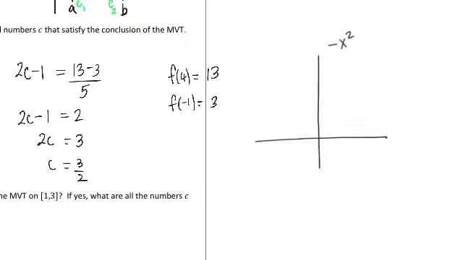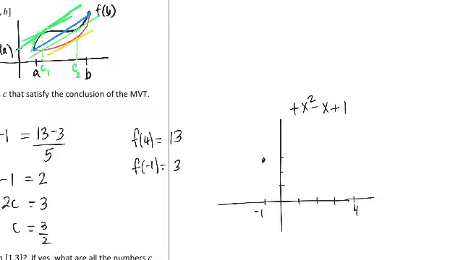You could even figure this out without a calculator probably. x squared minus x plus 1 from negative 1 to 4. The graph is a parabola. And you can see that we figured out that at x equals negative 1, my y value is 3. And at x equals 4, my y value is way up here at 13.